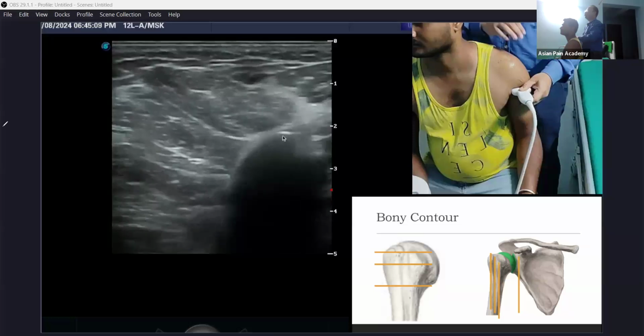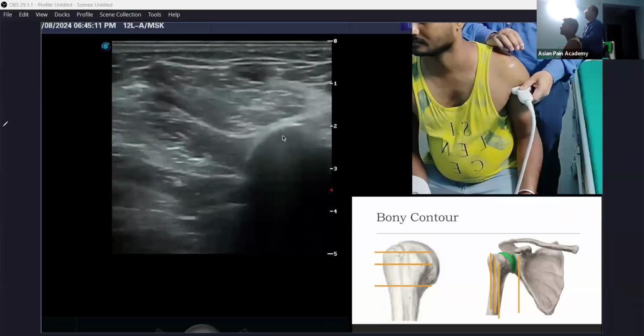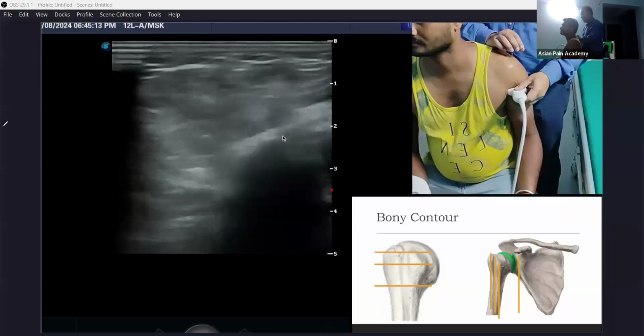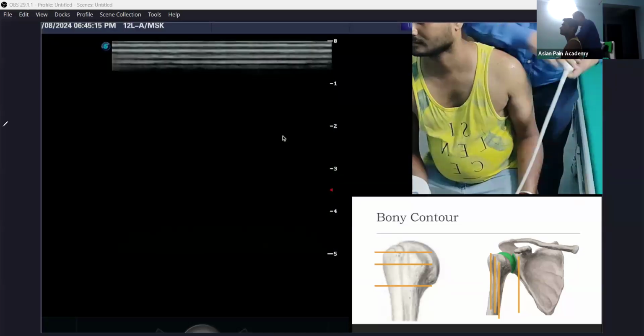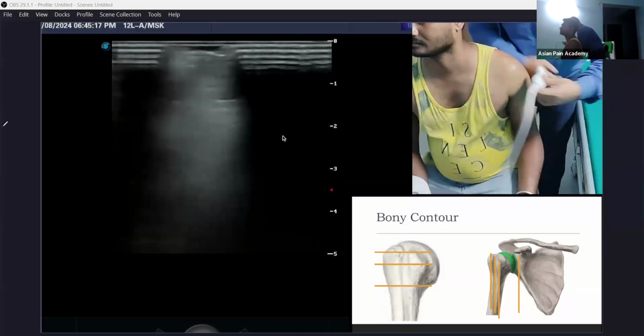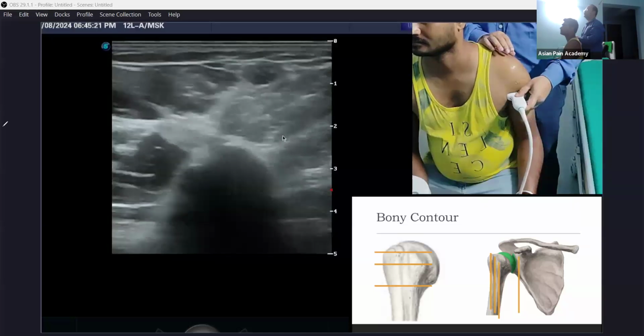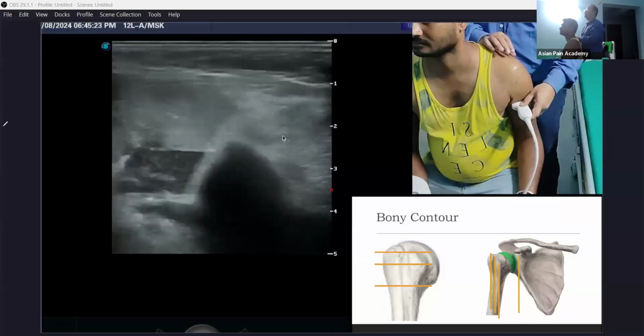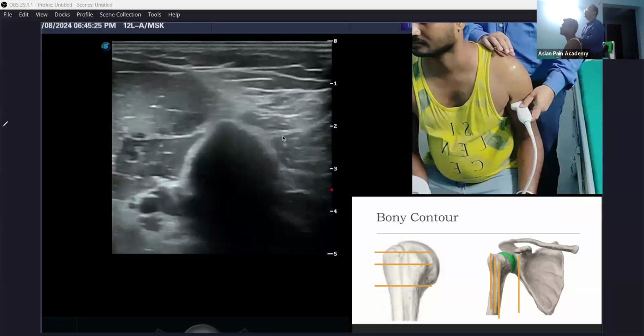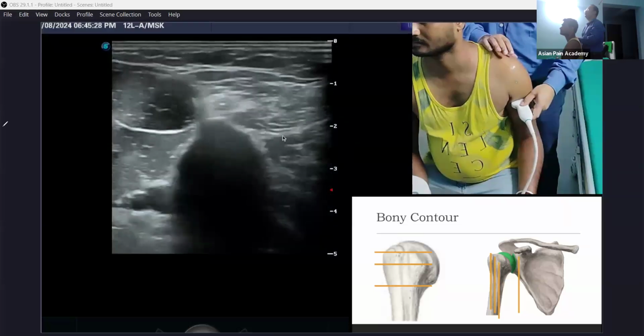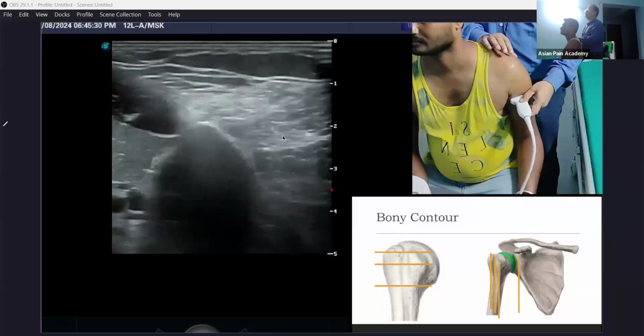Now gradually I will go up. Actually you just focus on the bony shadow. So this is the humerus bone, shaft of humerus.